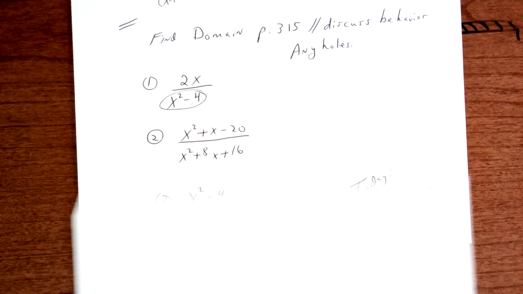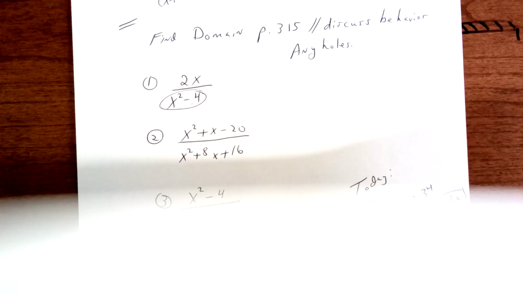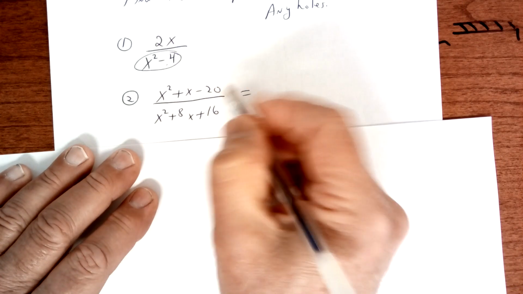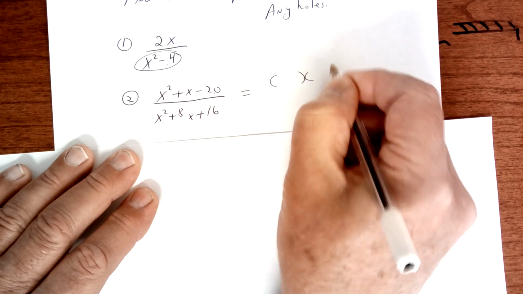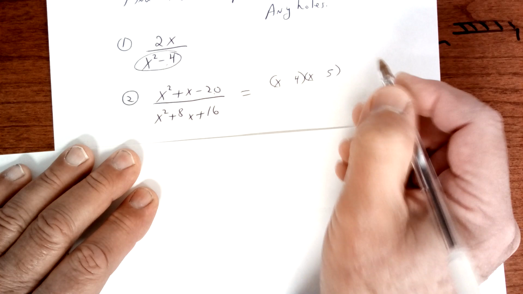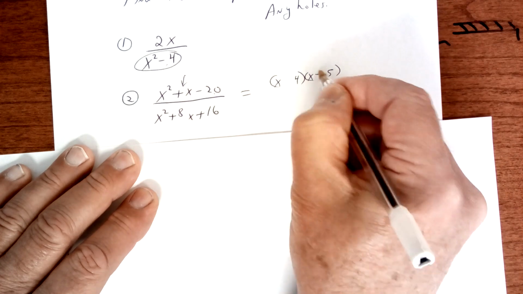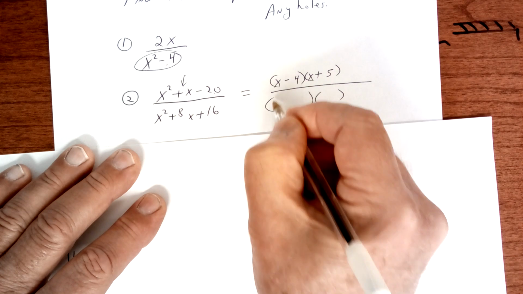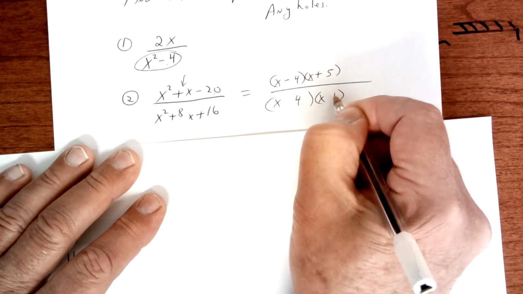Okay, let's try one more here. Copy that one down. Let's factor it. This one right here, let me think. 4 times 5. So 4 times 5 is 20. And we want a positive, so we want to put the plus here. Down here, I think it's 4 times 4. And that's a plus.